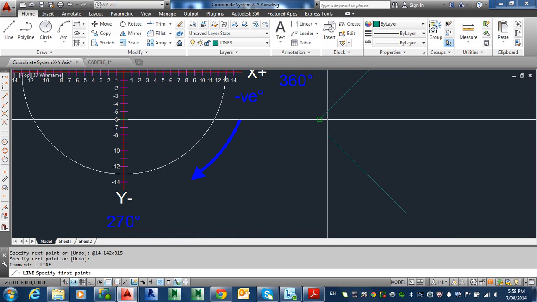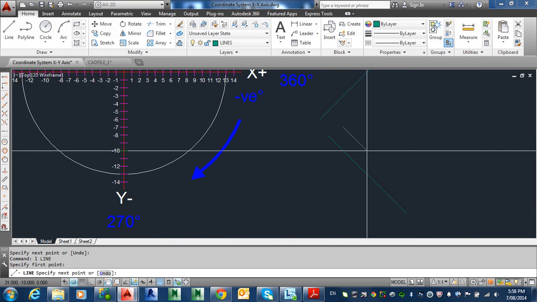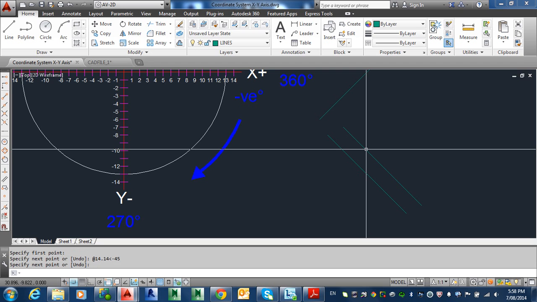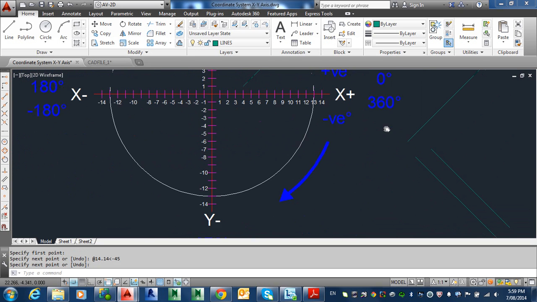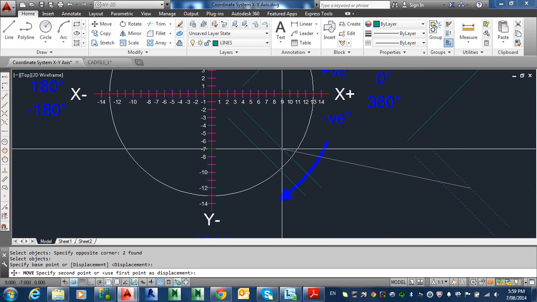So if I went line from here again, and I go at 14.14, that'll do, at the angle of minus 45, it should be exactly the same thing. What I did then is I moved this into this quadrant here so you can understand it better.